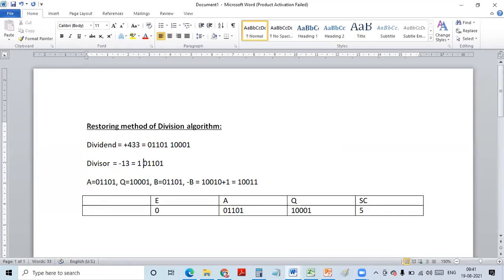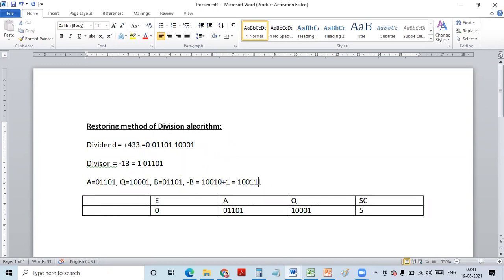Minus 13, so the most significant bit is 1 here. And coming to the dividend, plus 433. This is the magnitude, and plus is the sign, and the remaining is the magnitude. So only magnitude portions I will take for operations.